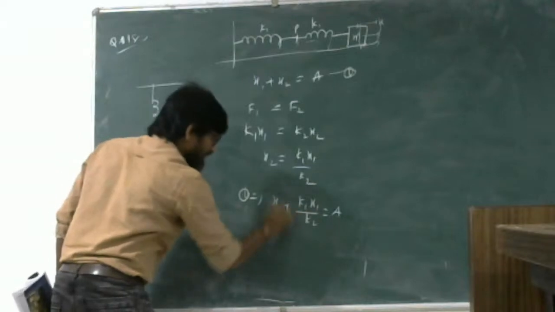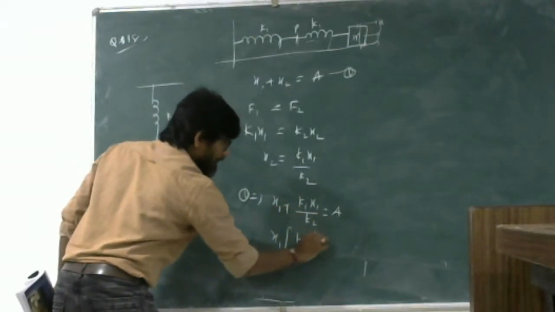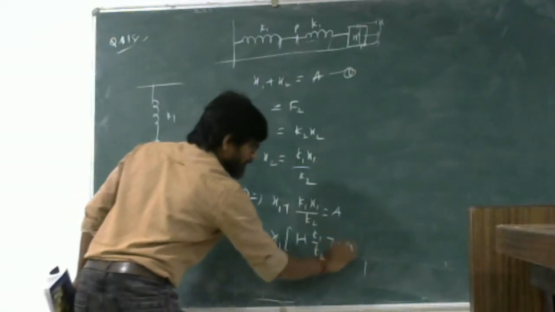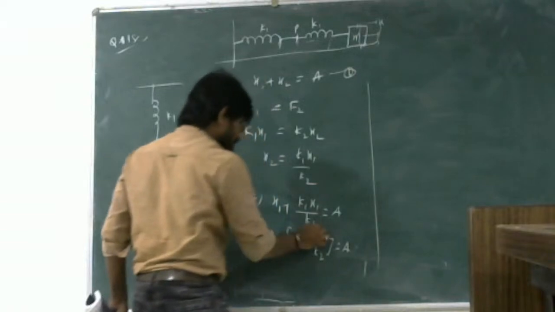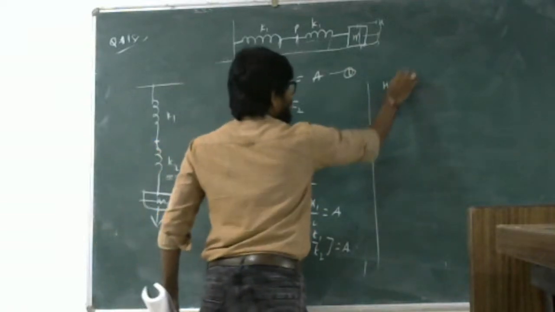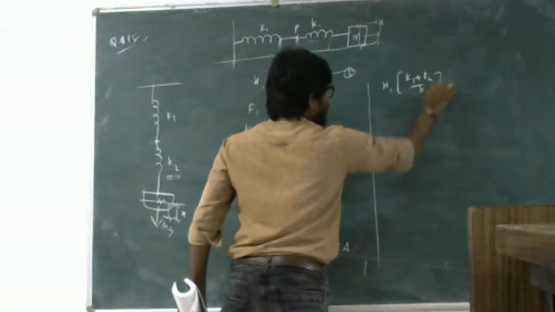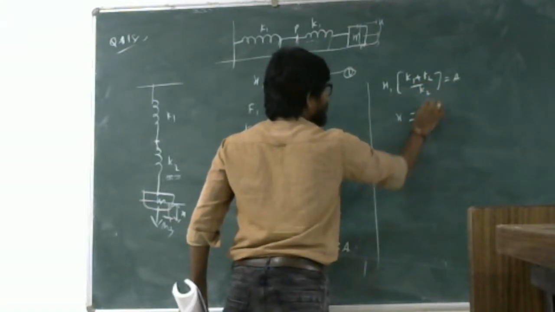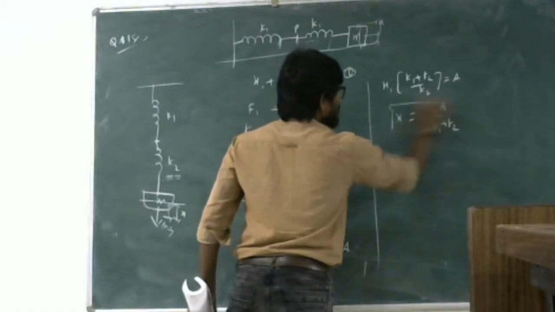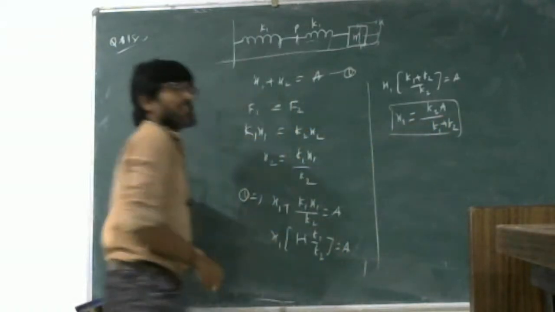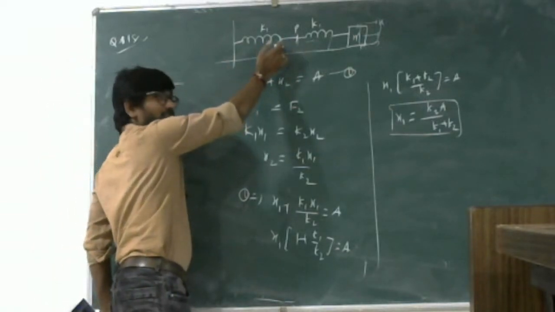So taking x1 out, you can write 1 plus K1 by K2 is equal to A. Simplifying further, you can write K1 plus K2 by K2 times x1 is equal to A, or x1 is equal to K2 A by K1 plus K2. This is the displacement of the point P, which is at this edge of the spring, at the second edge of the first spring.